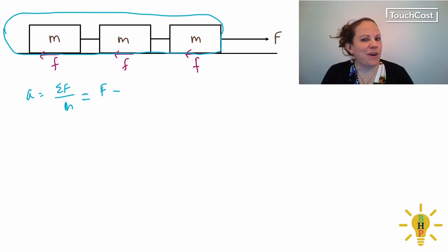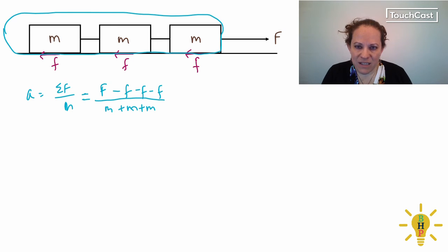Each box has an interaction with the surface, so friction gets subtracted 3 times, 1 for each interaction. And so our acceleration will be capital F, the pulling force, minus 3f for friction divided by 3M, the mass of our system.